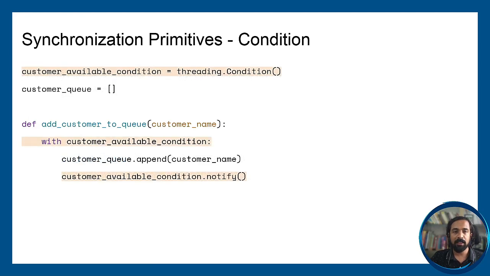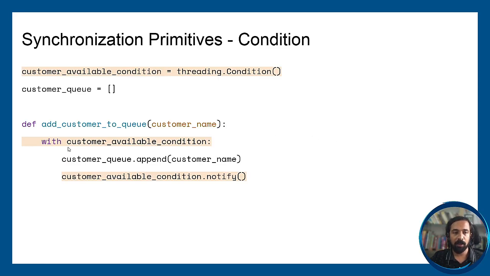So in this example, we can consider a scenario of customer service. We have a condition called customer available condition, which denotes that a new customer is available to be served. And we have a customer queue, it's the list for storing our current customers waiting to be served. We have our first function, add customer to queue.